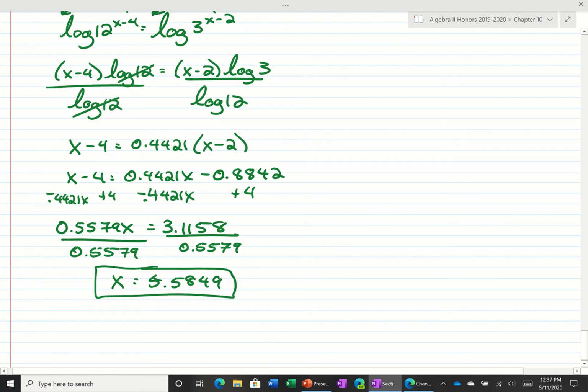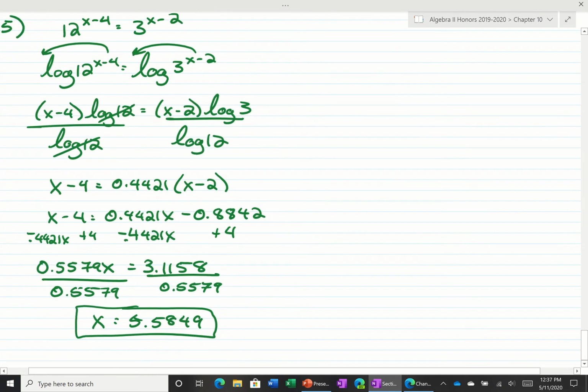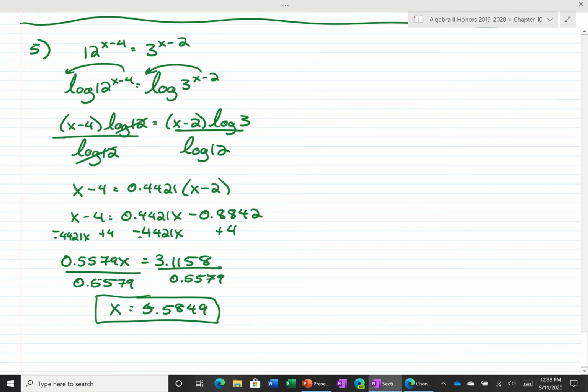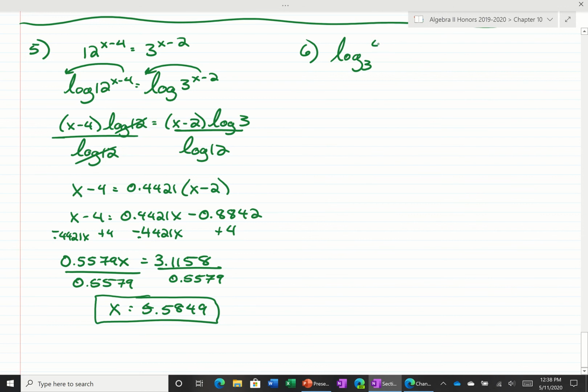Taking a look at the back side, problem number 6. It says log base 3 of the 4th root of 5 is equal to x. So we could say 3 to the x power is equal to the 4th root of 5. Take the log of both sides.